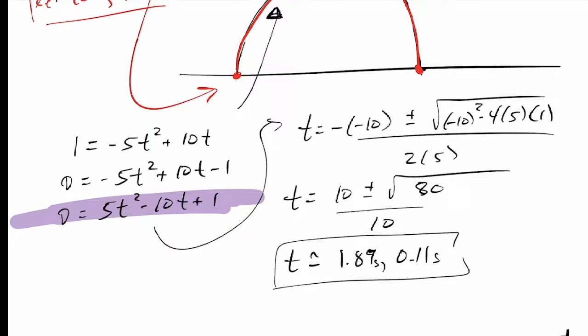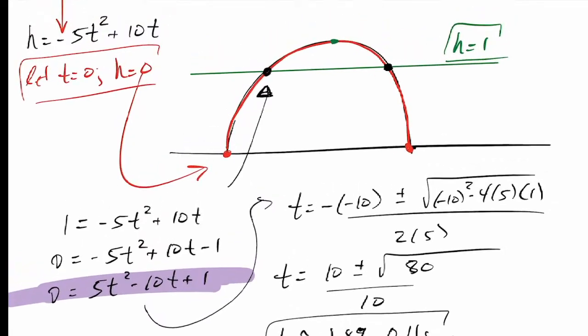So I'm getting 1.89 seconds and 0.11 seconds. So this happens at 2 times, when time is 0.11 seconds and time is 1.89 seconds.